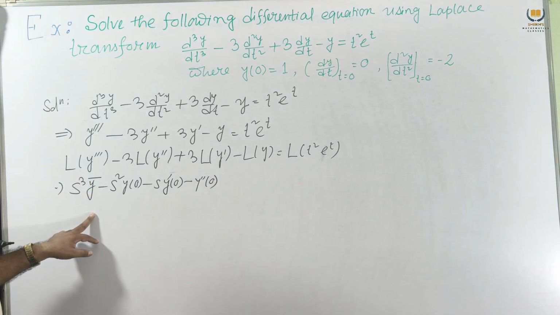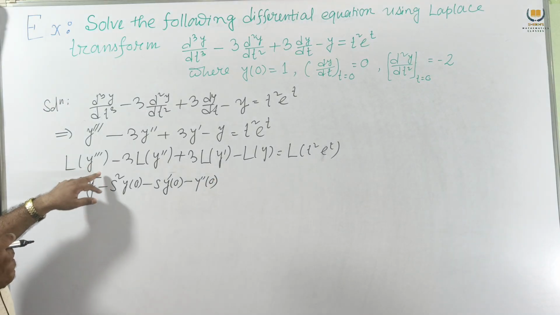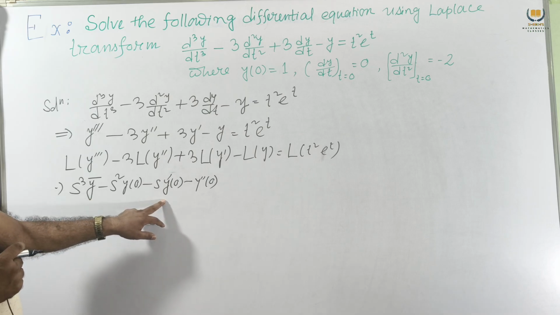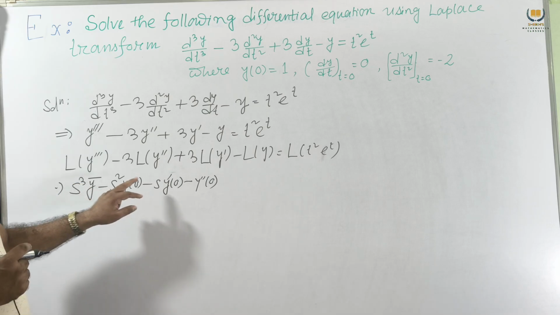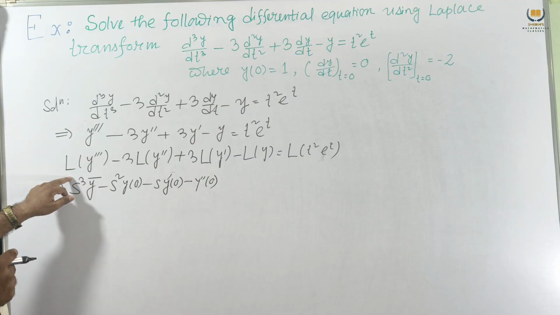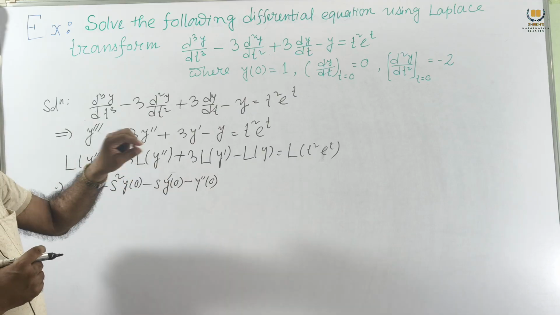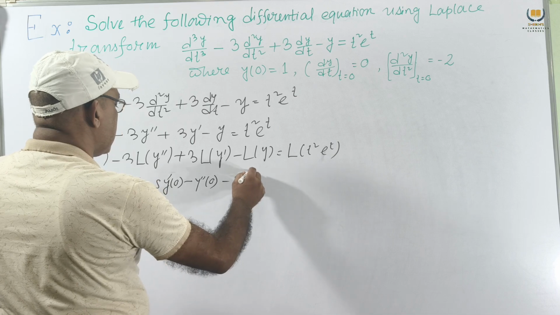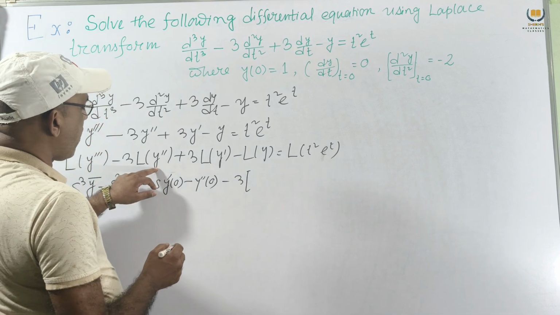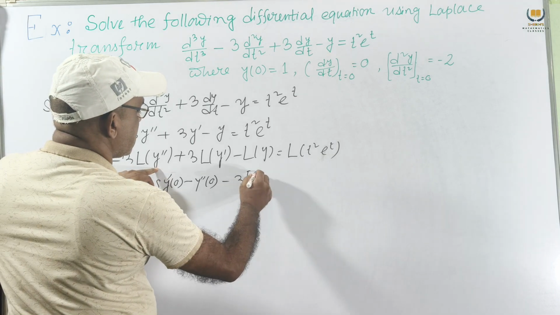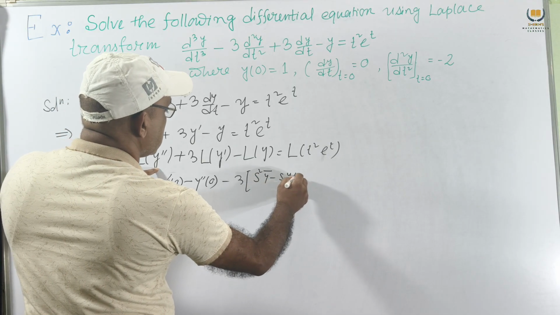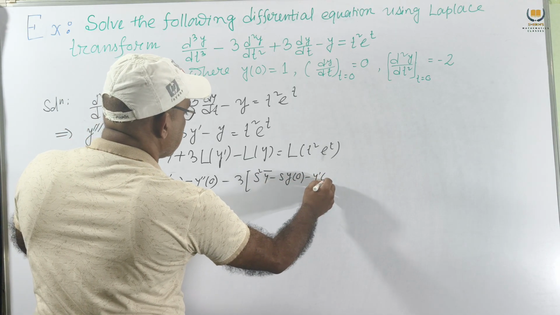It was given in video number 1. The power of s gradually decreases by 1. And minus 3 times y double dash, this is s² ȳ minus s y(0) minus y'(0).